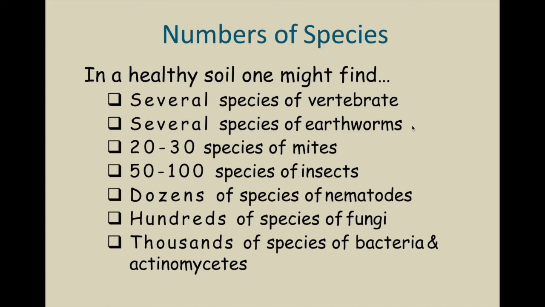Then for the invertebrates, we have this representative right here: 20 to 30 species of mites, so we have the insects or the arthropods, 50 to 100 species of insects, and a dozen species of nematodes, the worms from the family of the roundworms, and also hundreds of species of fungi, and thousands of species of bacteria and actinomycetes.